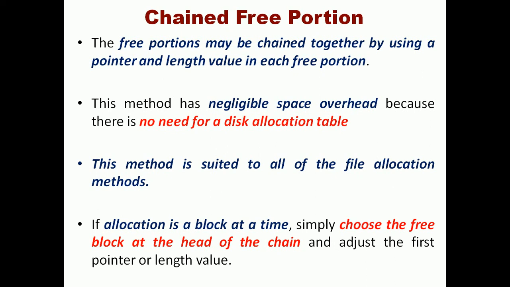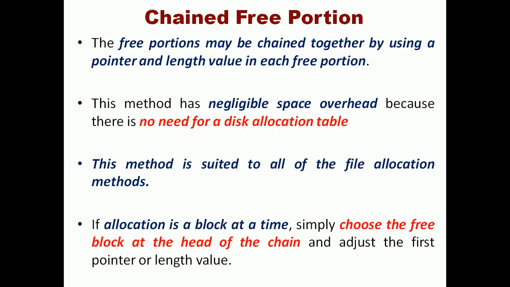We have one header, and from the header we can identify the pointer to the next block which is freely available. The free portions may be chained together by using a pointer and length value in each free portion. So the pointer is used here, and it acts as a chain.